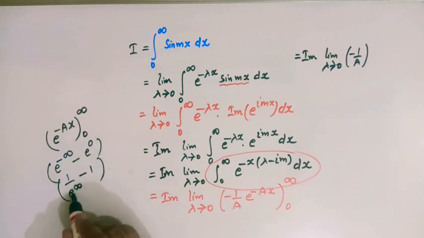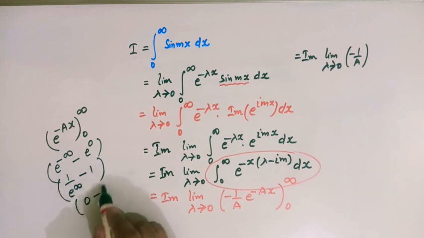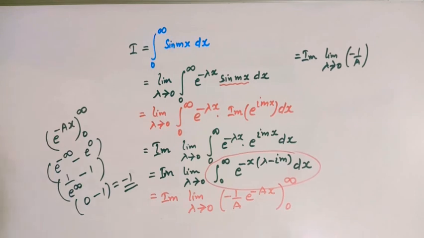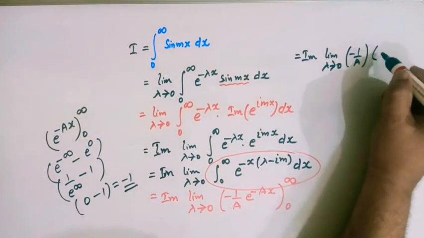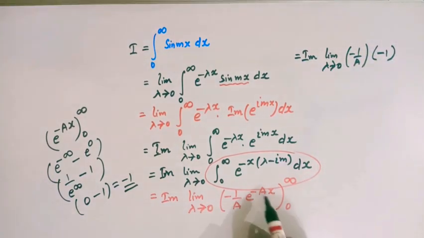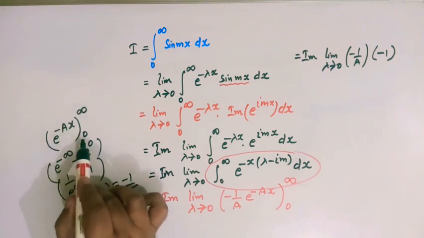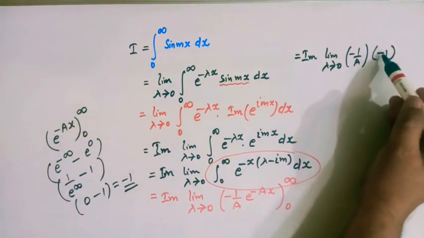So we have 0 minus 1, which is minus 1. So the value of e raised to minus ax from 0 to infinity is minus 1.